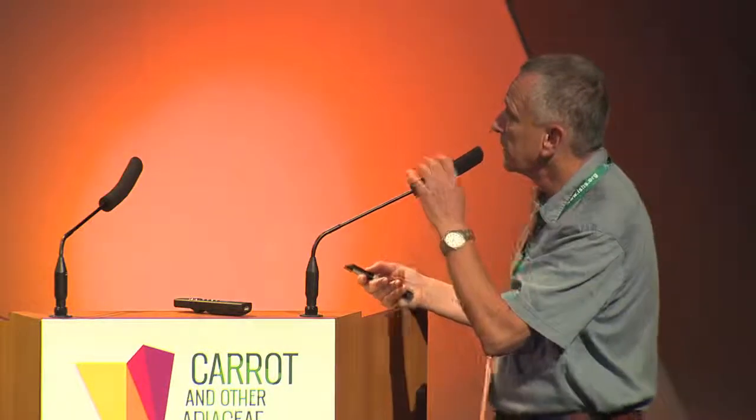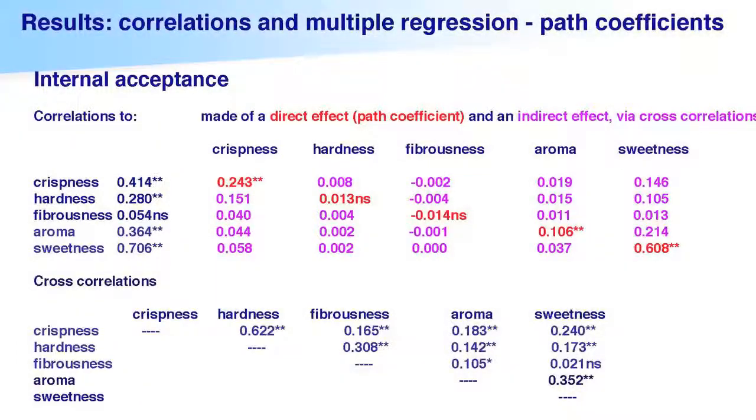The situation is a little bit different for the internal characters, since the main determinant of overall acceptance was sweetness. And you see that sweetness acted almost exclusively by a direct effect. When you go to aroma, this positive correlation coefficient may look a little strange given what we heard yesterday, but in this set of accessions we didn't have harsh types.